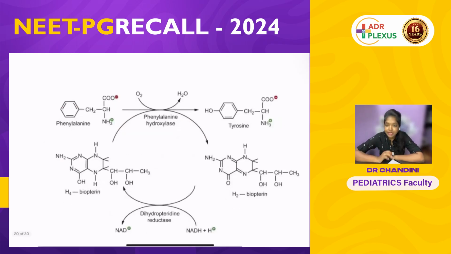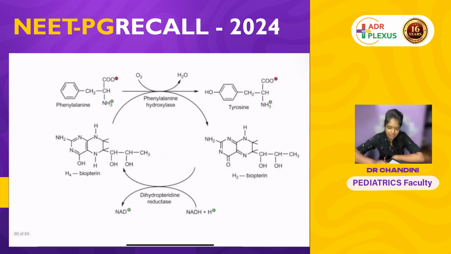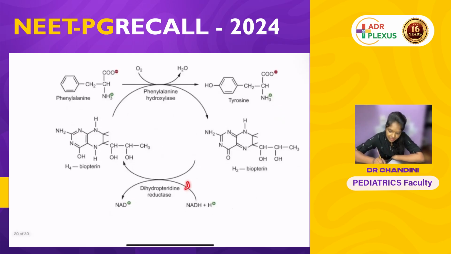But there are also other enzymes which can cause an increase in phenylalanine levels. So what is that deficiency? Dihydropteridine reductase is an enzyme which reduces dihydrobiopterin to tetrahydrobiopterin.